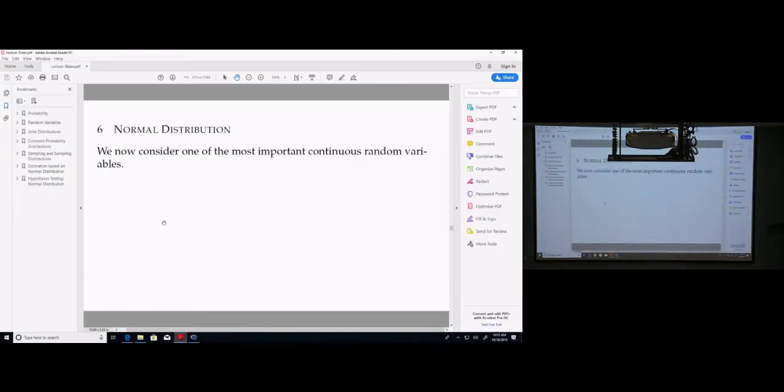Okay, this is the most important continuous random variable that we have, and sure enough, it just appears everywhere, and it has a different name. The more mathematically inclined people will call it a Gaussian distribution because it's coming from Gauss.